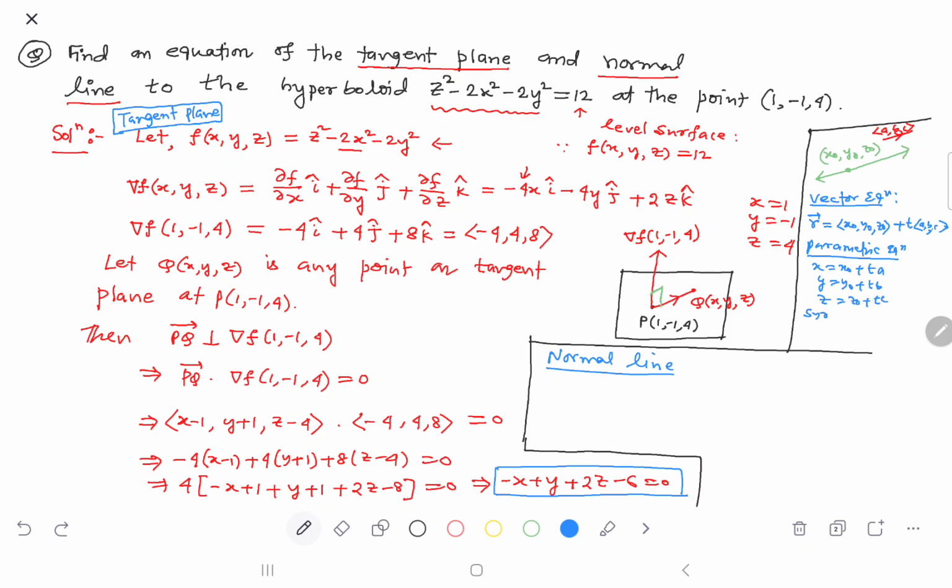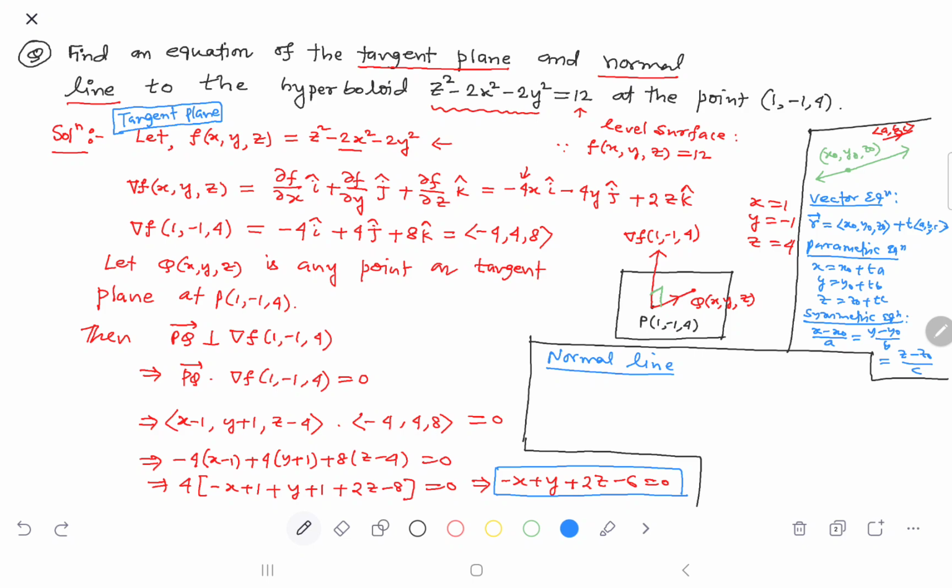Now the symmetric equation is given by (x minus x0) by a equal to (y minus y0) by b equal to (z minus z0) by c.